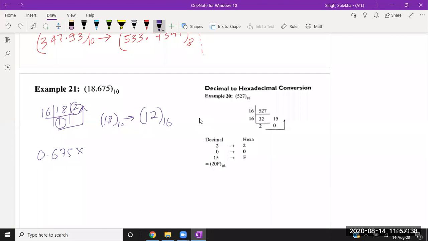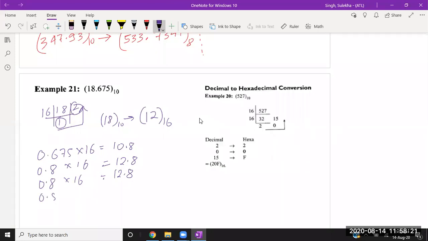Okay, and the next thing is calculating the hexadecimal part of 0.675 base 10. You need to multiply this by 16, you will get 10.8. If you multiply 0.8 by 16, you will get 12.8. Again, 0.8 times 16 comes as 12.8, and you can see the recursion at this point.